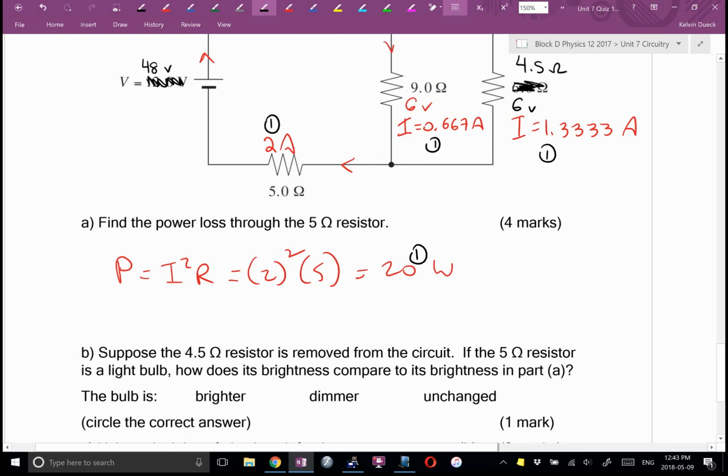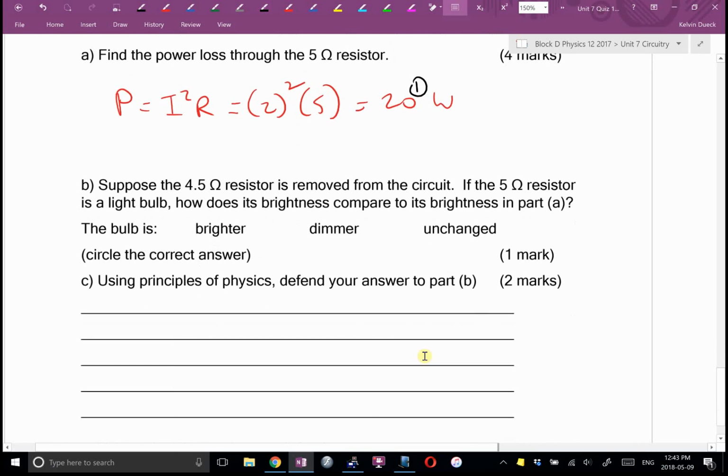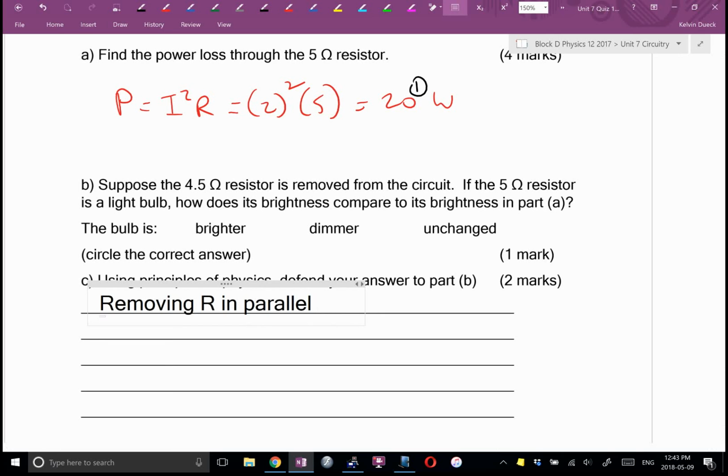So the bulb is brighter, dimmer, or unchanged. Removing R in, when you add a resistor in parallel, what happens to total resistance? Decreases. So when I remove a resistor in parallel, even though you might think, well, aren't you removing a resistor? It increases R total, which increases I total or decreases I total?